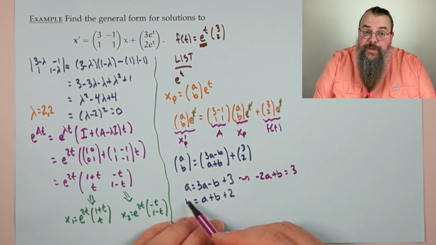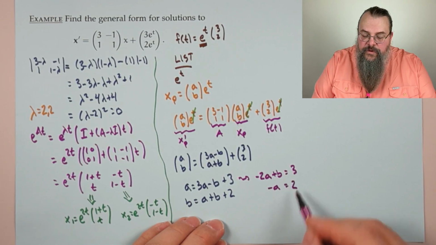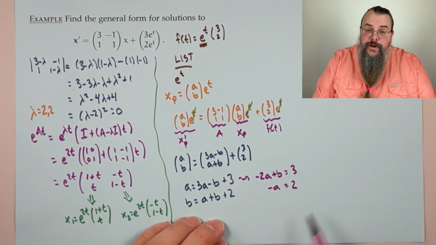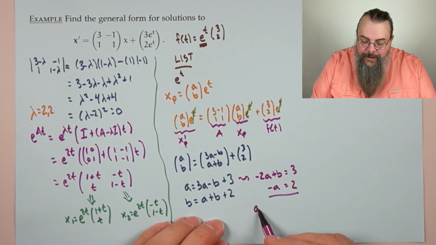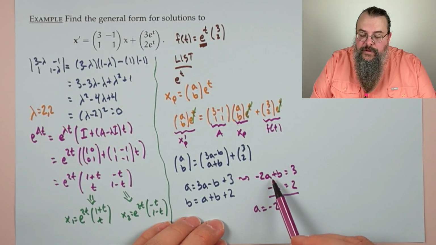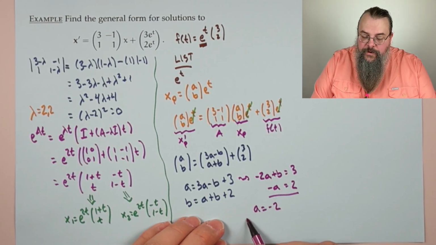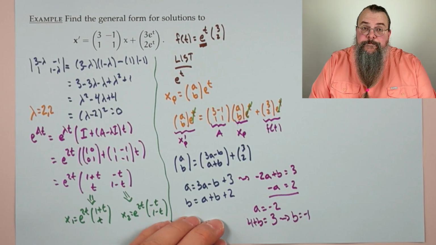And if we move the a plus b across, we get that minus a equals 2. Well, okay. a equals negative 2. That was pretty quick. And then if a equals negative 2, minus 2 times negative 2 is 4. So 4 plus b equals 3. Oh, that says b is negative 1.